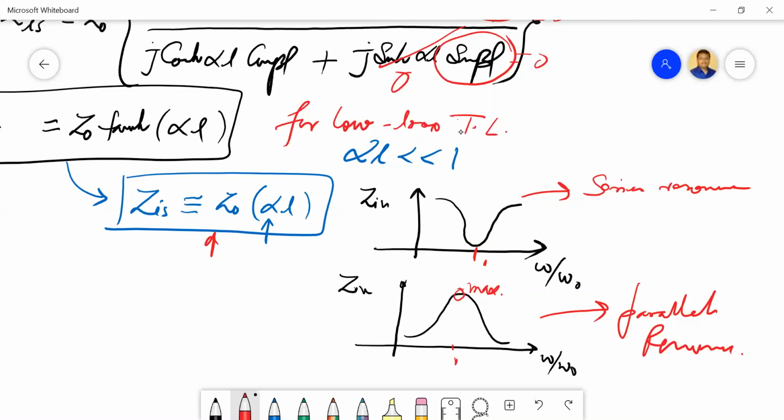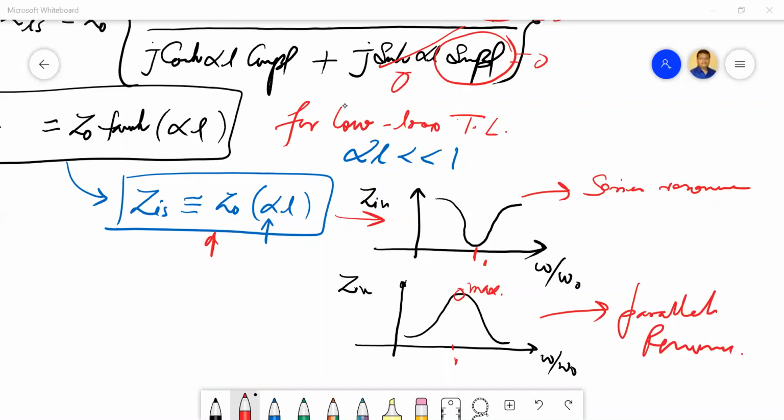Alpha is very small, correct? So definitely we are getting the minimum, and this corresponds to the series resonance. We can conclude that if the transmission length is a multiple of lambda by 2 for a short circuit transmission line, we can realize the series resonant circuit, correct?